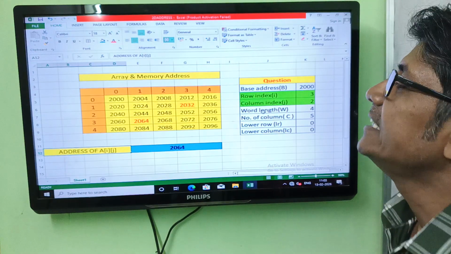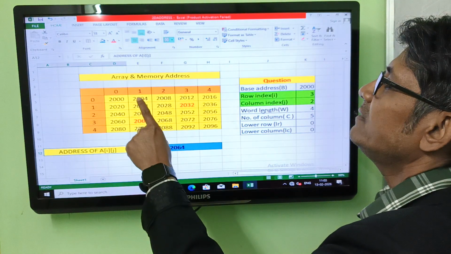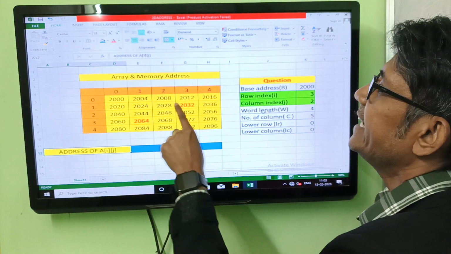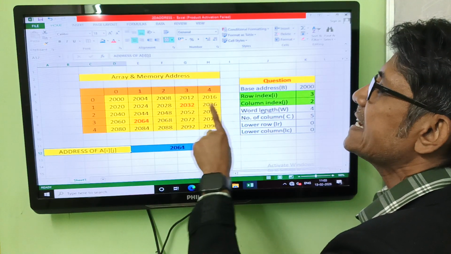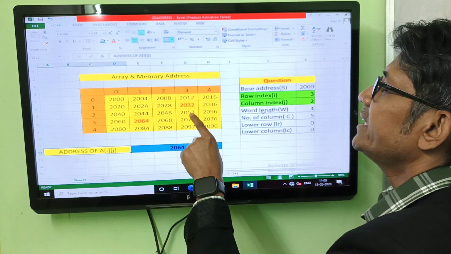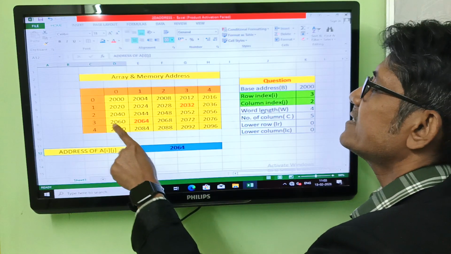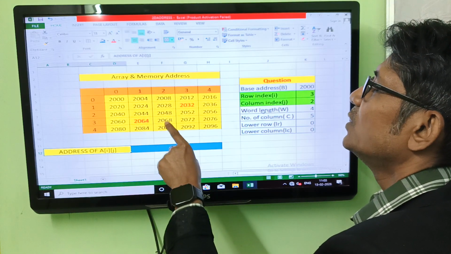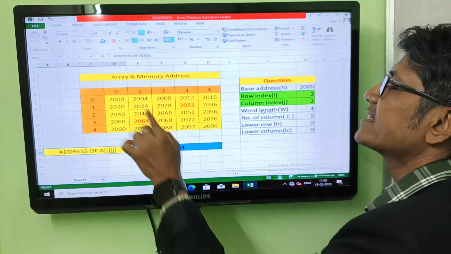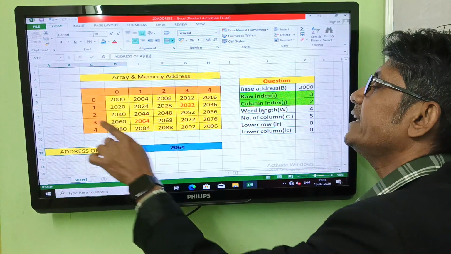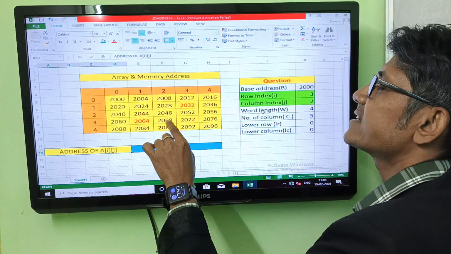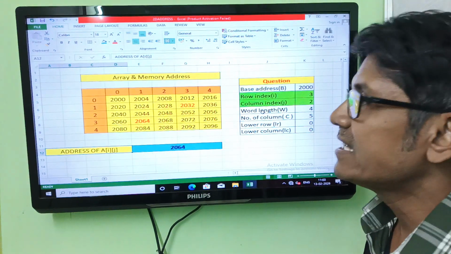You see that it is 4 bytes: 2000, 2004, 8, 12, 16, 20, 24, 28, 32, 36, 40, 44, 48, 52, 56, 60, 2064, 2068. This is index 32. Which address are you calculating? You are calculating the address of index 32.